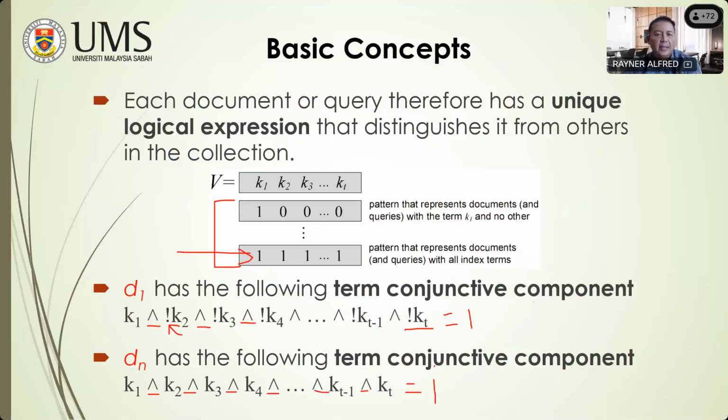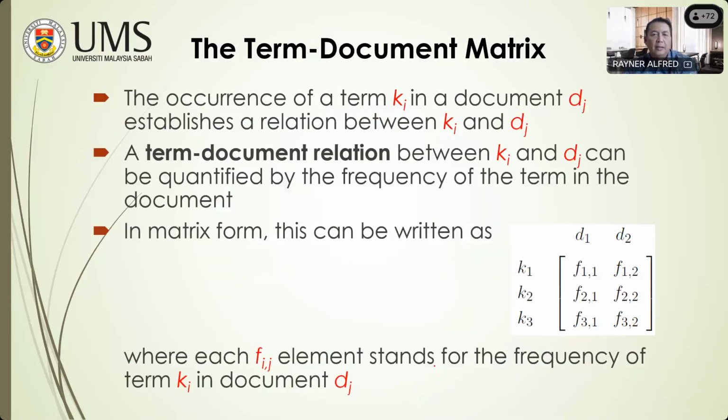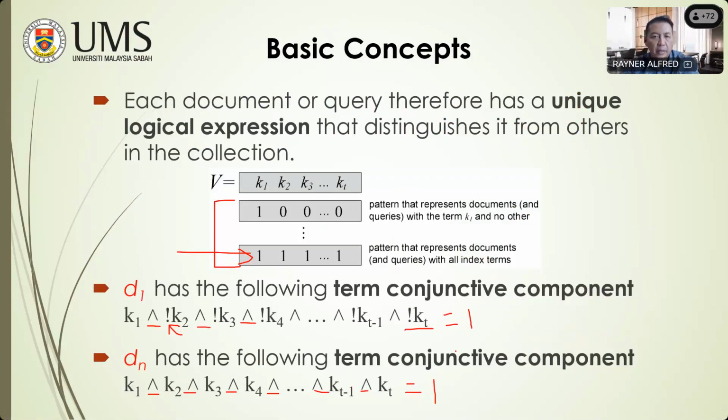So what next? Now we want to know what kind of patterns look similar to each other. But before we proceed to that, from here we can construct the term document matrix. The term document matrix will outline the terms that exist in each of the documents that we have.